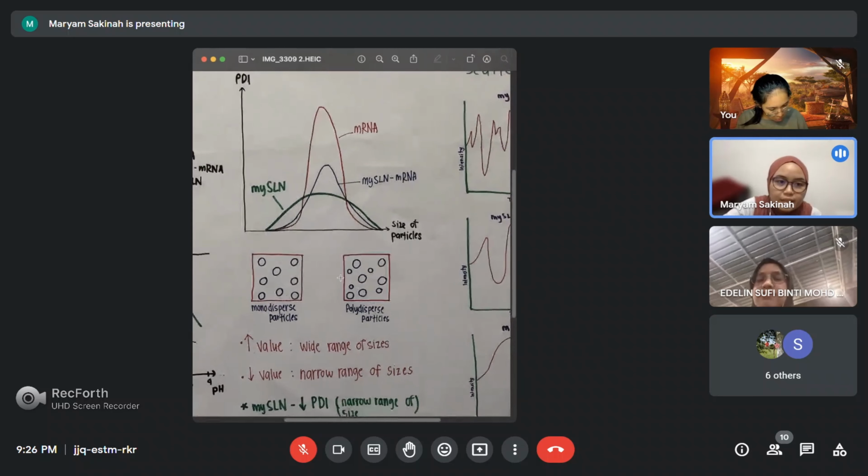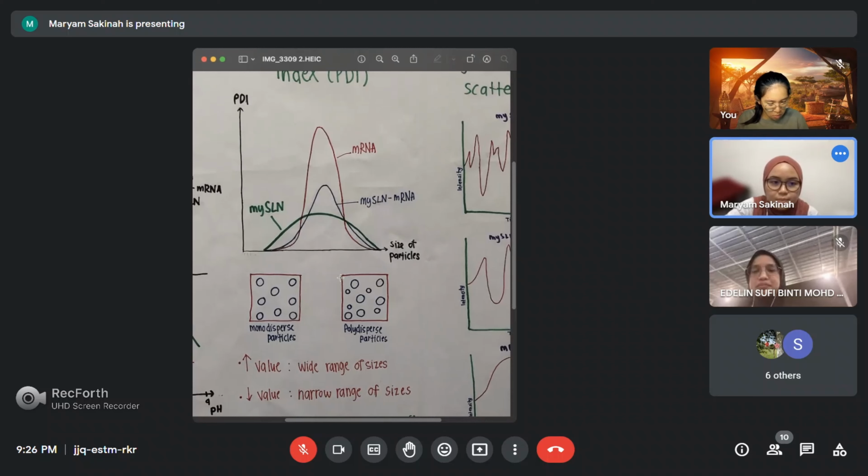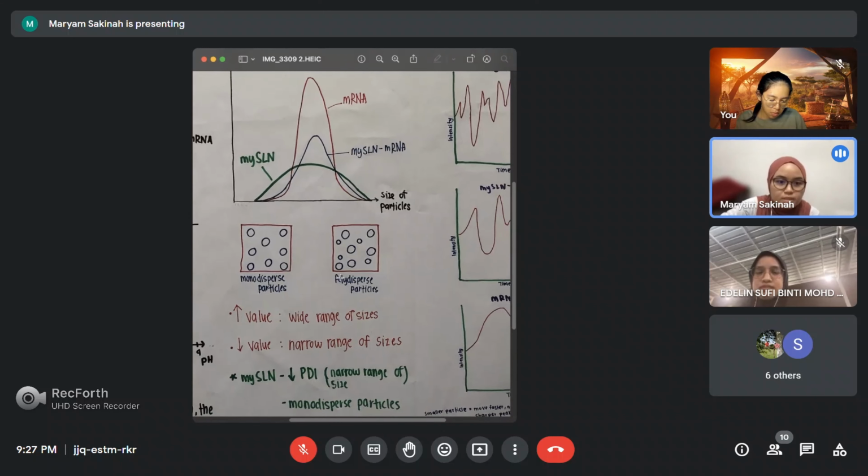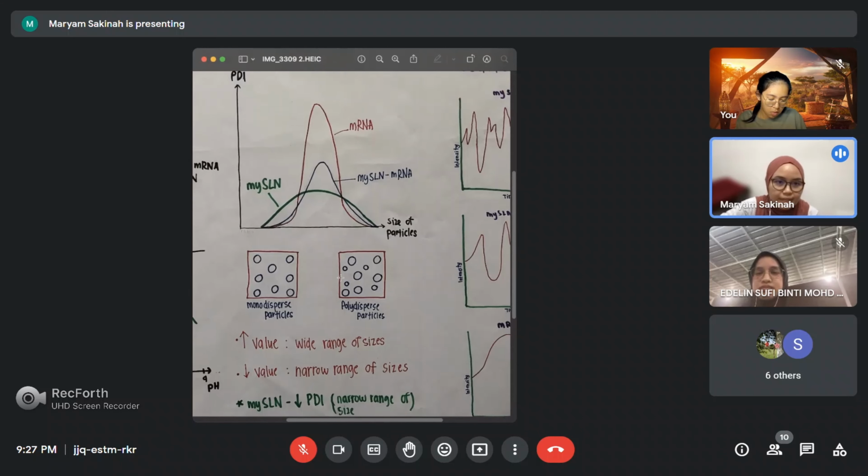For MySLN, we predicted the PDI will be the lowest because, compared to the size of the particles between those three, it has the smaller size, and they are monodispersed particles, which do not have combinations of large and smaller molecules. Therefore, they have the lowest value of PDI.